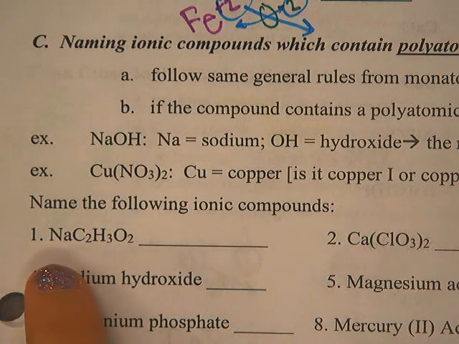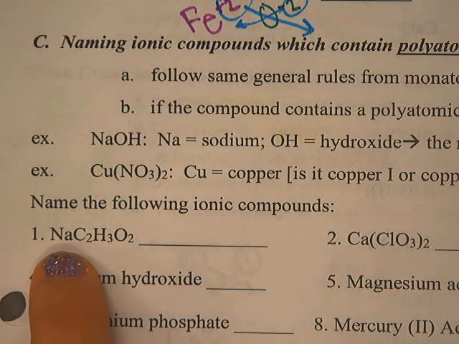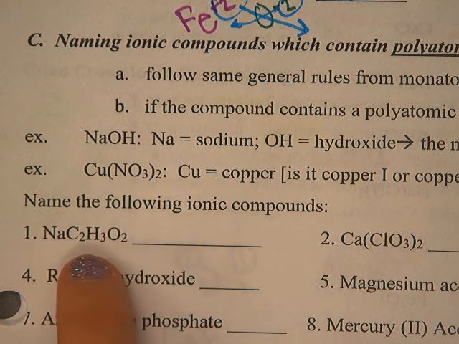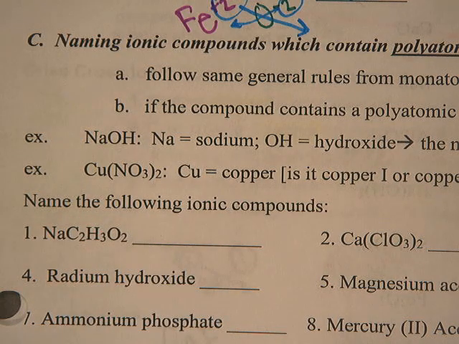So if I look at this first one, you should recognize sodium because we use it all the time. So sodium is your metal in this case. And then this whole thing right here, C2H3O2, doesn't look like something that we've used before. So start with your polyatomic ions chart and see if you can find that one. It looks like most of you have found it.